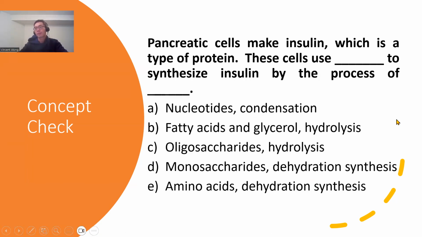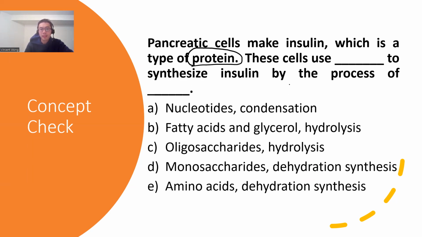Next question. Pancreatic cells make insulin. If you don't know what pancreatic cells are, and if you don't know what insulin is, it doesn't matter. That's not important in this question. What's important is that you realize it is a type of protein. So these pancreatic cells will use something to synthesize insulin.